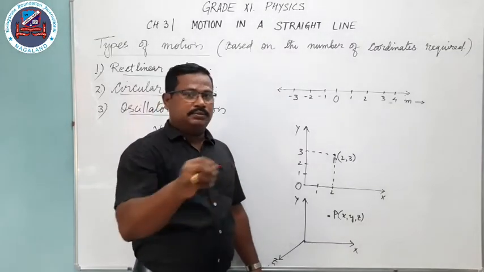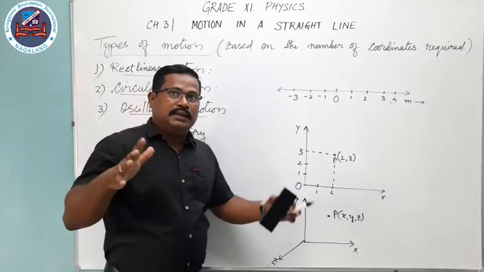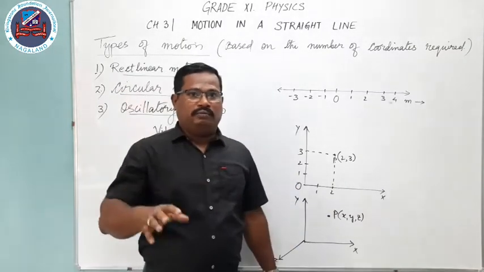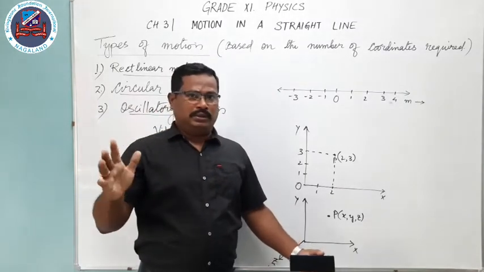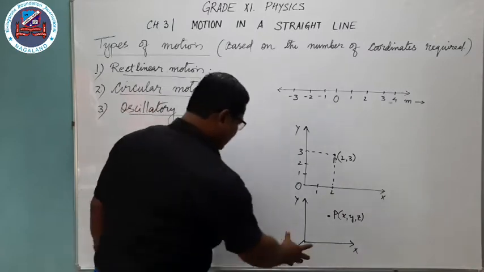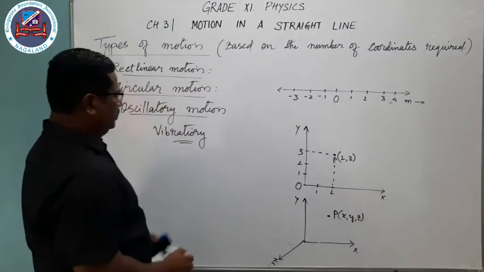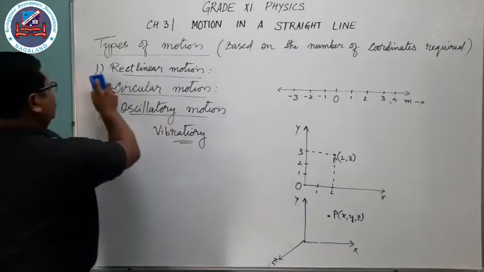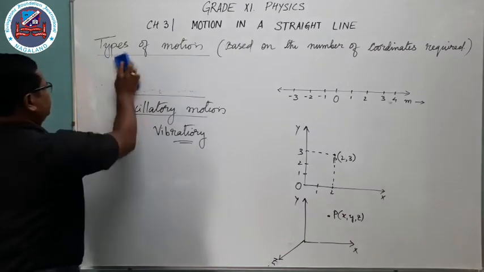So in that case, we require three-dimensional motion. We are interested in which side the bird is going to fly. We never know. Left, right, forward, backward, up, down, any direction it may go or fly. So in that case, we require this three coordinate system, x, y and z, and we call it three-dimensional motion. So I'll write down here, based on the number of coordinates required.